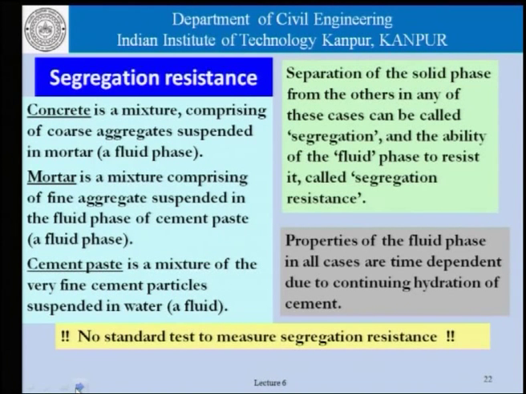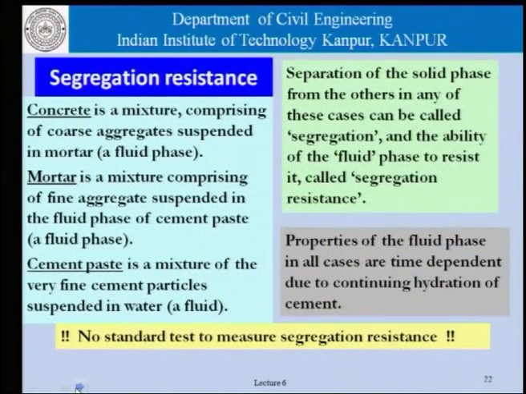Now, separation of the solid phase from others in any of these cases, whether it is concrete or mortar or paste, can be called segregation, and the ability of the fluid phase to resist it is called segregation resistance.